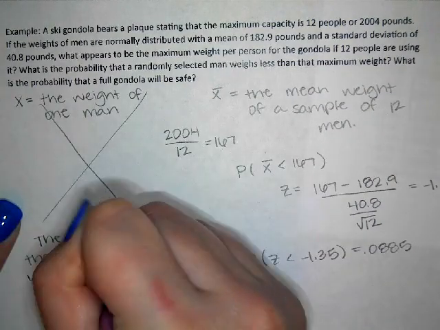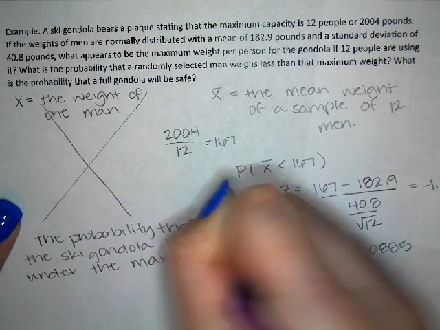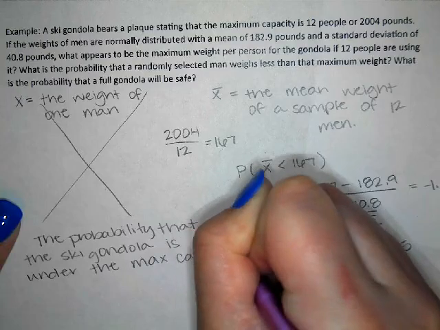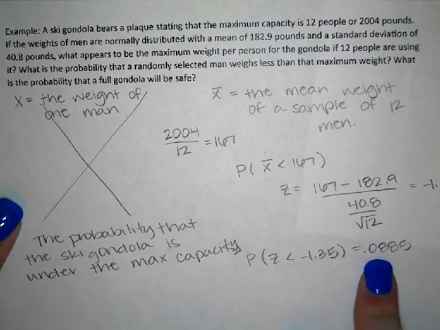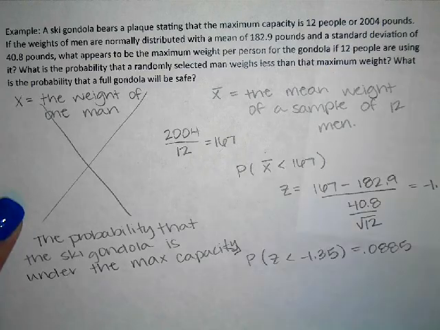So there's only a 0.0885 chance, or a 9% chance, that the ski gondola is under the max capacity. That means there's like a 91% chance that the gondola is over max capacity. So this gondola is not safe. The probability that this gondola is safe is very, very low. This gondola is not safe at all.